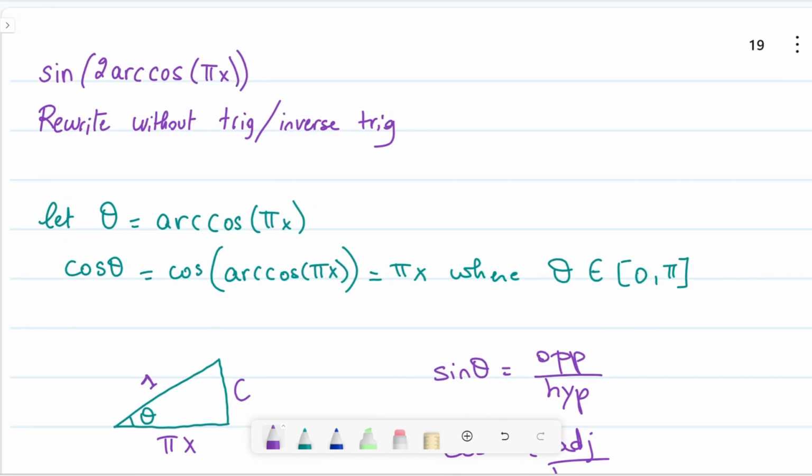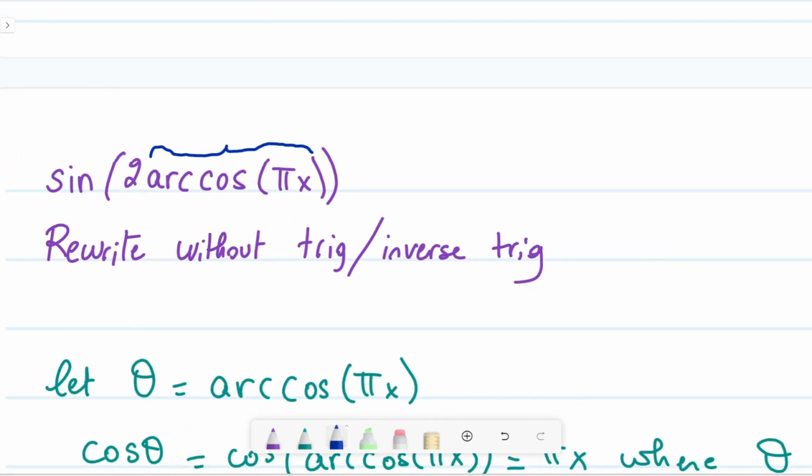And now, the way to proceed with this exercise is you first take the inverse trig function that's inside. So inside you have here arccos of pi x. You let theta be equal to this inverse trig function that is inside the parentheses. So let theta equal arccos of pi x.